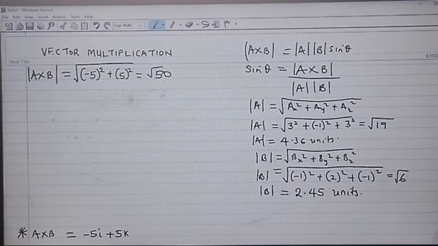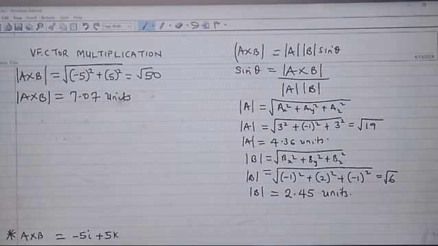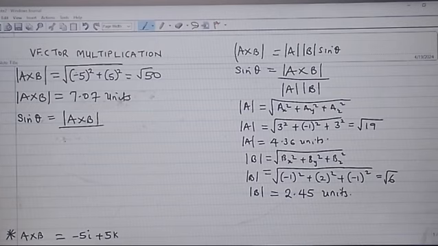So that A cross B will be equal to 7.07 units. So we can now find the angle between both vectors, saying sine theta is equal to the magnitude of A cross B all over magnitude of A times magnitude of B.